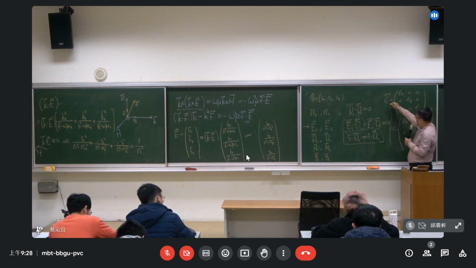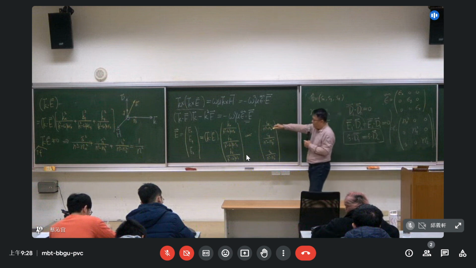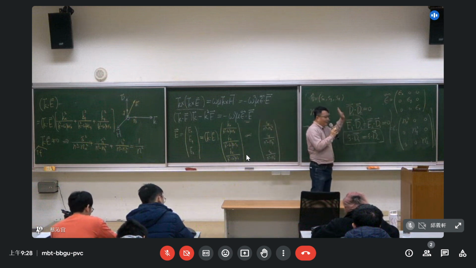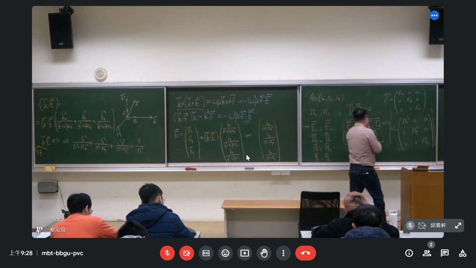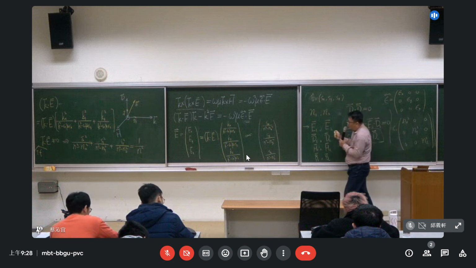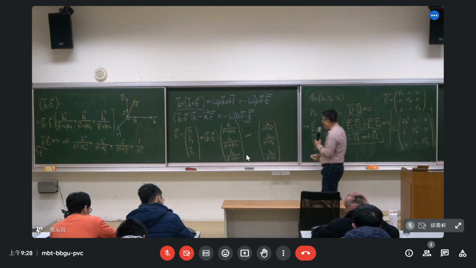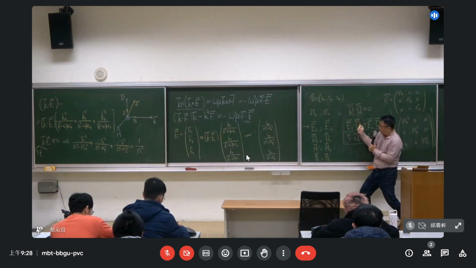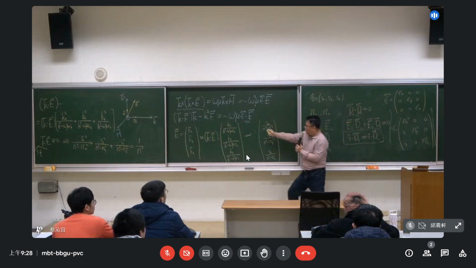You can multiply the epsilon to the expression of E vector to get the expression of the D vector. Okay. Then to calculate E1 and D1, you use refractive index n1. And to calculate E2 and D2, you use refractive index n2.